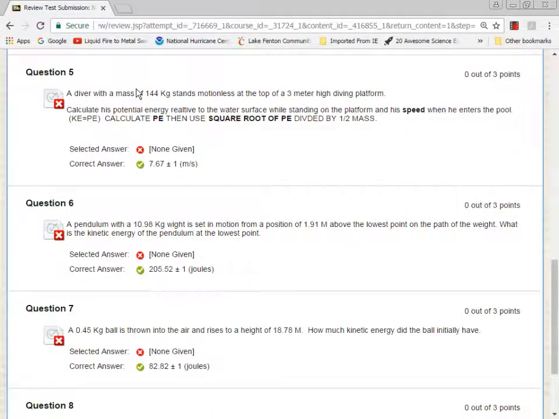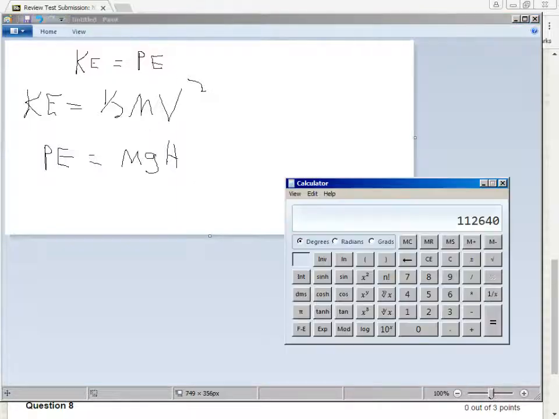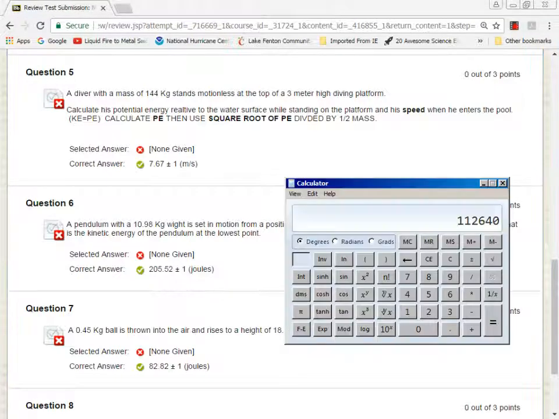Then use the square root of that to divide by mass. So you're going to calculate PE and then square root it, and that'll give you the velocity because it's the same question.